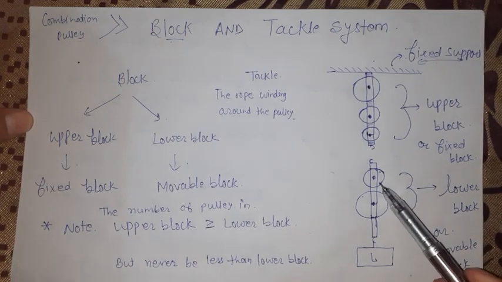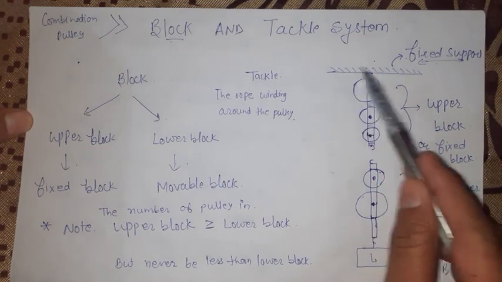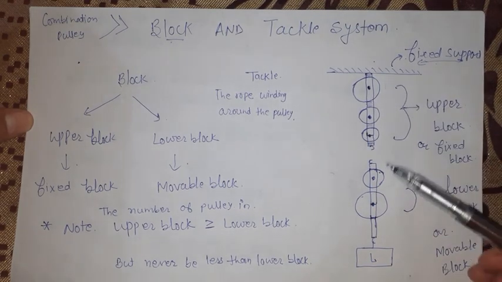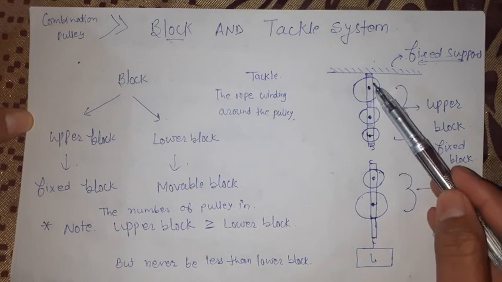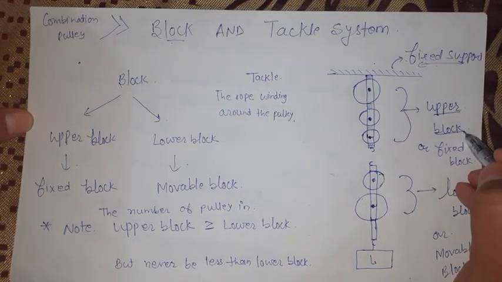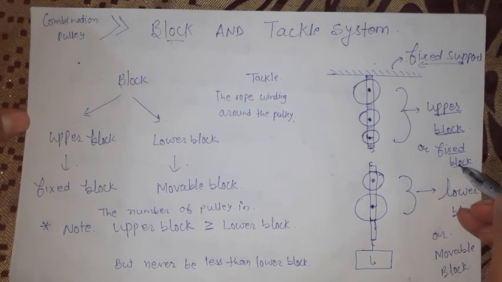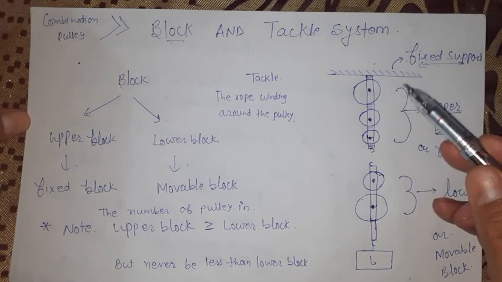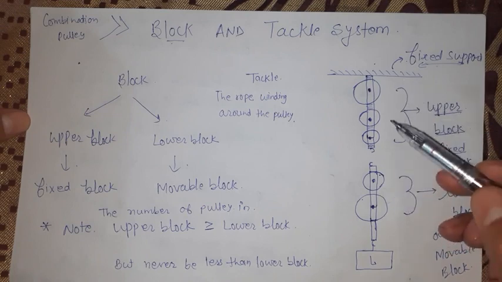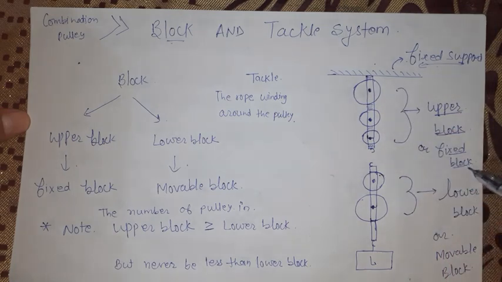The block which is with the rigid support cannot move up and down, so it is called the upper block, or the fixed block. Why is it called the fixed block? Because it cannot go up and down with the load. It is fixed with the support, therefore it is the upper block or fixed block.